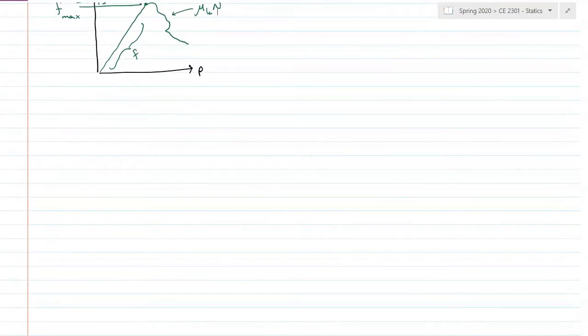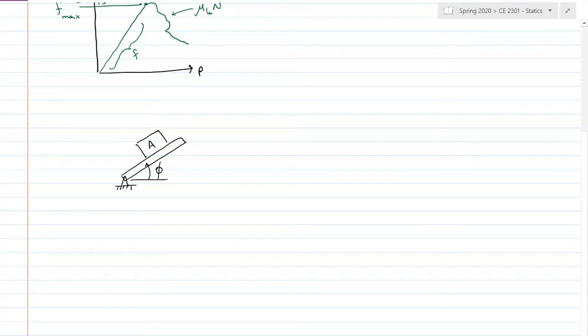Now if we take our surface and we put it on a plane here that we can change the angle on. So here is my block, at an angle phi.